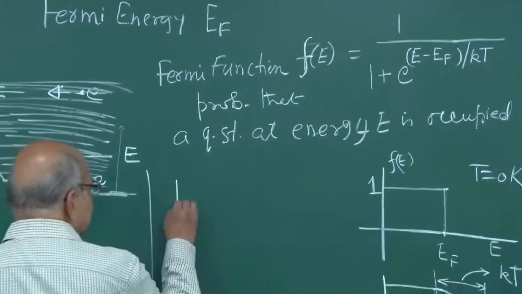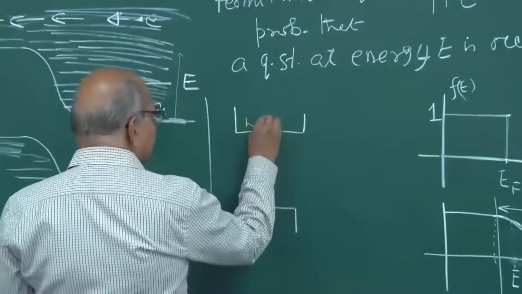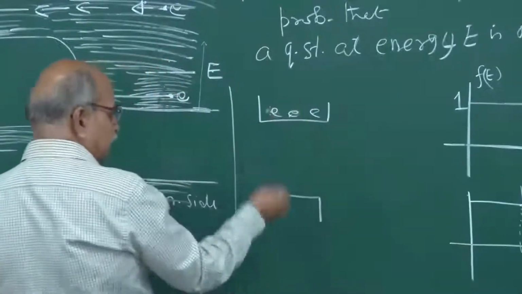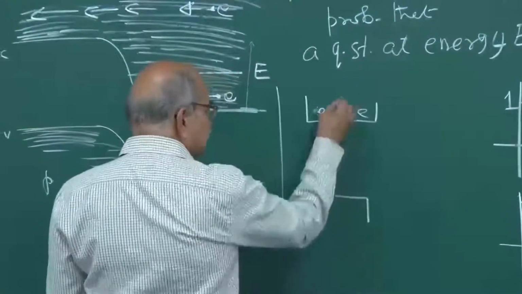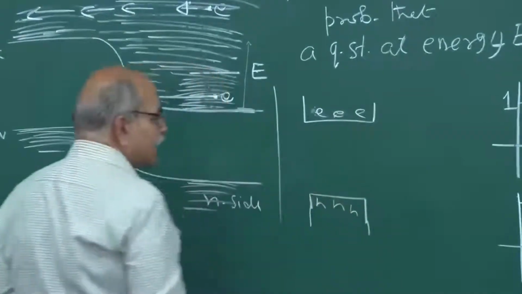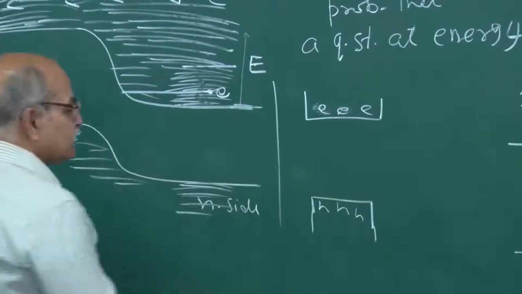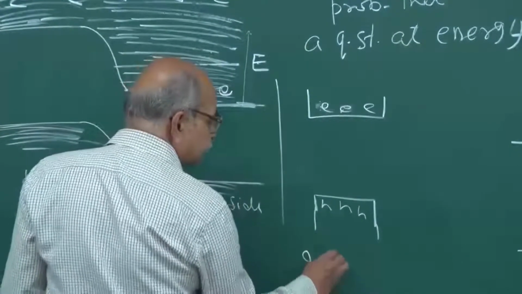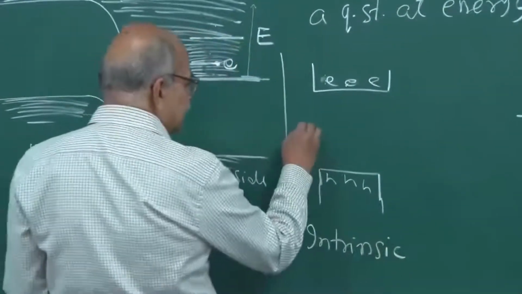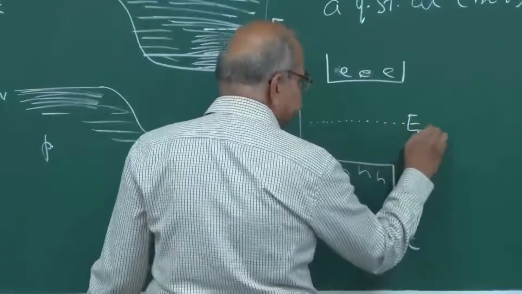So in intrinsic semiconductor, we say that you have a small number of electrons here, only because of thermal excitation, some electrons jump from there to there, and you have some holes here. Where is the Fermi energy? This is intrinsic, so the Fermi energy is almost at the middle. This is EF.